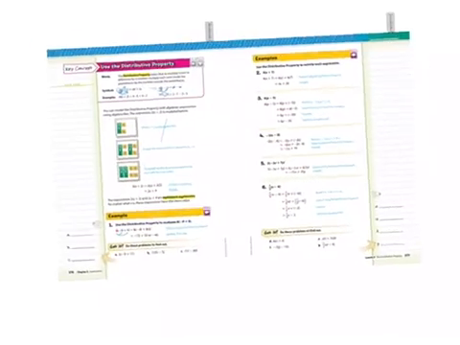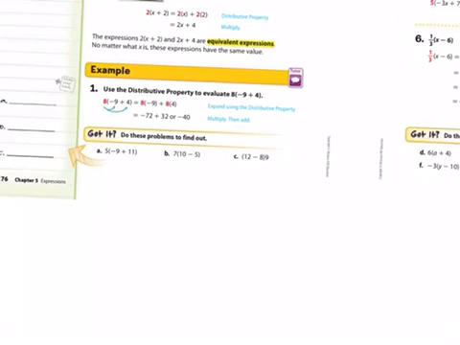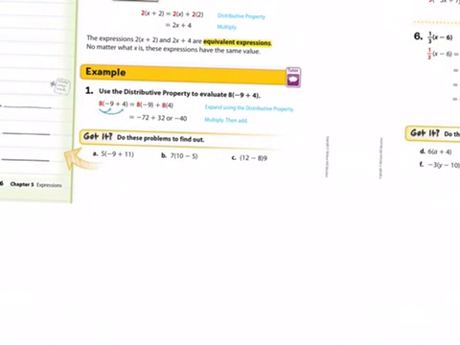So let's look at our examples here. As we did in class, the first example says use the distributive property to evaluate 8 times negative 9 plus 4. So we multiply each piece, and we're essentially writing it like 8 times negative 9 plus 8 times 4.